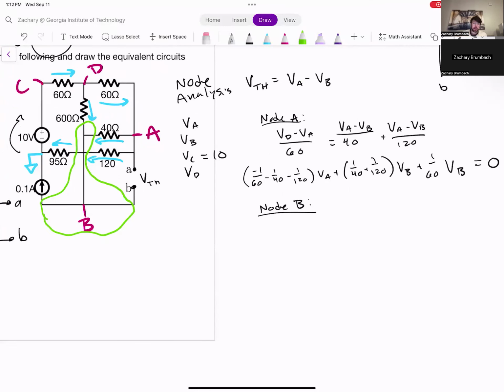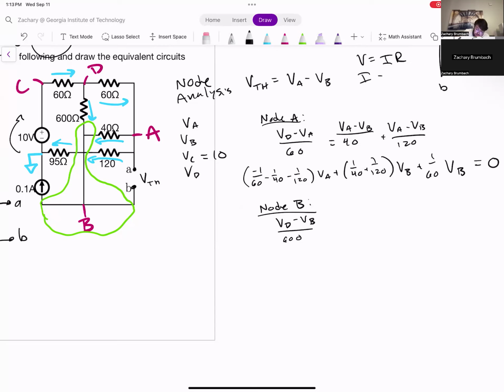Anything that isn't broken by a component. Going into node B, we have VD minus VB over 600. And again, remember the reason that I'm doing all of this is because we're counting currents going in is equal to currents going out, which V is equal to IR. This isn't equivalent. This is actually equal.